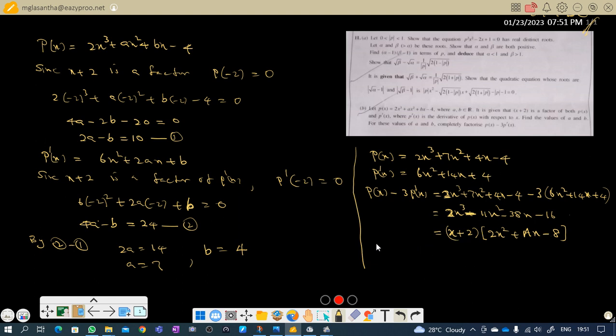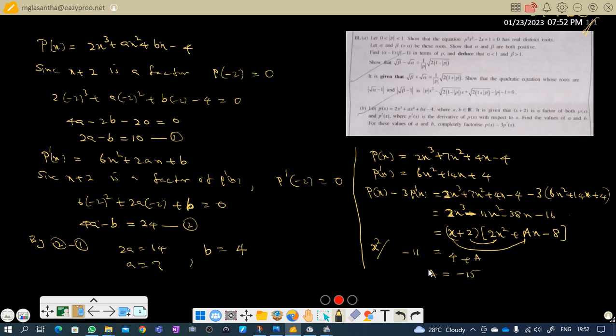Now, if you compare the coefficient of x squared, on the left hand side it is minus 11. What is the coefficient of x squared in this expression? If you multiply, you get 4 here, and a here, then therefore a equals minus 15.